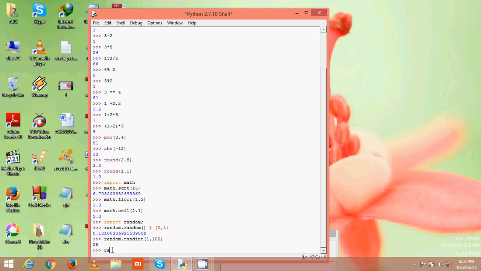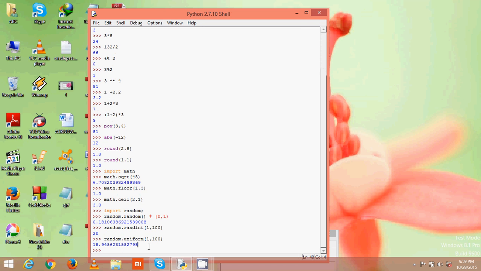You can also generate a floating number between any two numbers by using the command random dot uniform 1, 100. So this will generate a floating number between 1 to 100.